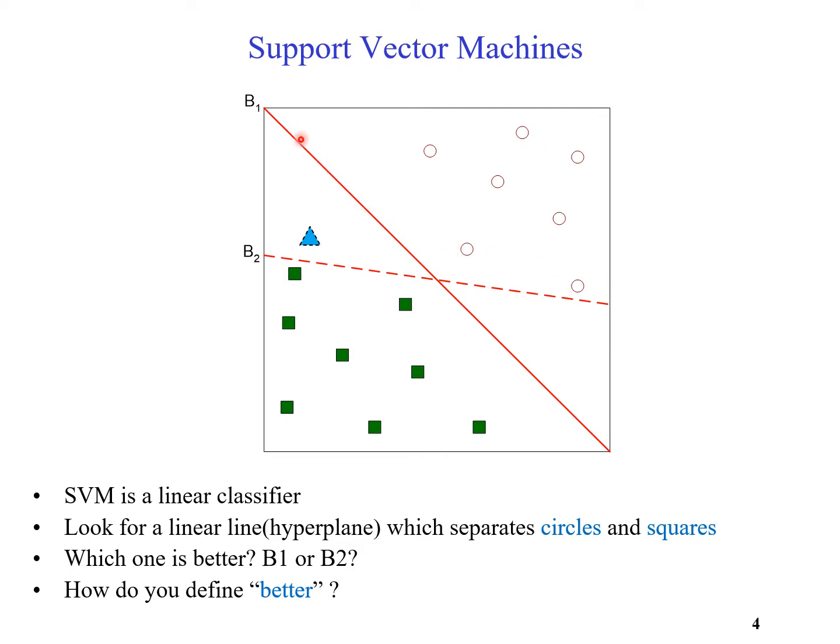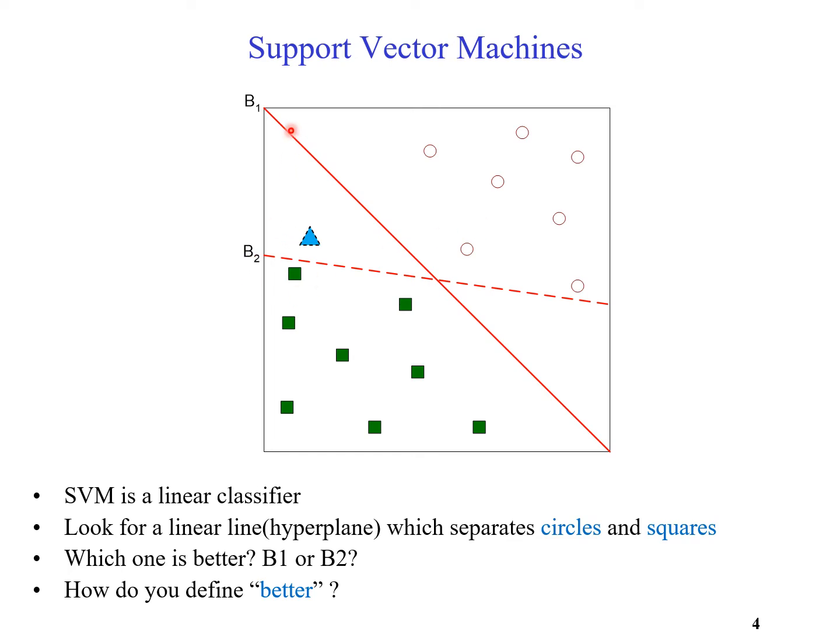But there are actually an infinite number of straight lines which can divide these different class values, right? We have this one, this one, this one, this one. We have many straight lines which divide the class values. So then the next question is which line we are looking for, which line is better, right?